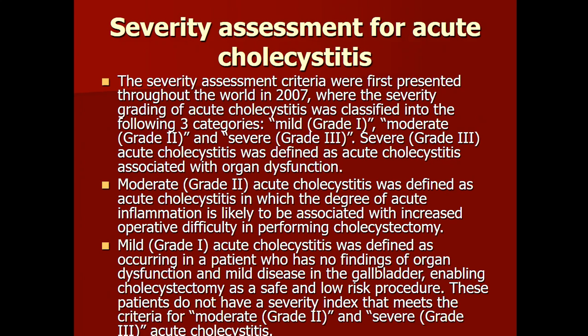Moderate acute cholecystitis was defined as acute cholecystitis in which the degree of acute inflammation is likely to be associated with increased operative difficulty in performing cholecystectomy. And mild acute cholecystitis was defined as occurring in a patient who has no findings of organ dysfunction and mild disease in the gallbladder, enabling cholecystectomy as a safe and low-risk procedure.